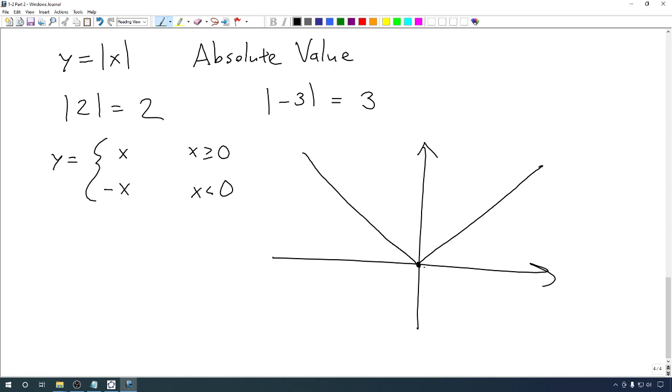And this will be an example that we'll come back to when we look at derivatives, because that sharp corner actually turns into a problem. And it's a nice example of when we run into those kind of problems, that's not too complicated. But for the moment, that's all we're going to talk about with the absolute value.